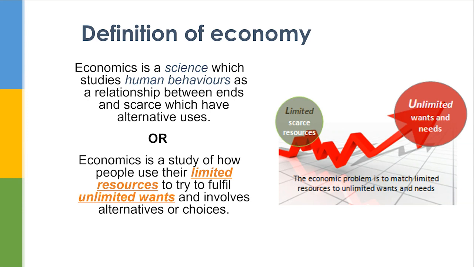Jadi but we only have limited resources. So macam mana sebenarnya? And involve alternatives. So when we have limited resources with unlimited wants, then we must have alternatives or choices. Maksudnya kita kena cari options lain lah. Okay, jadi maksud dia sebenarnya lebih kurang saja kat sini ya.